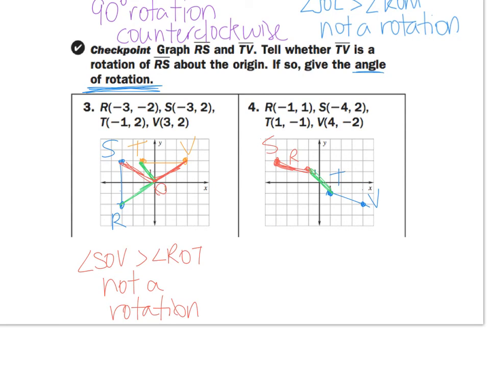And S to V, another straight line. So this is a rotation. And because it's a straight line going through the origin, it's actually rotating 180 degrees.